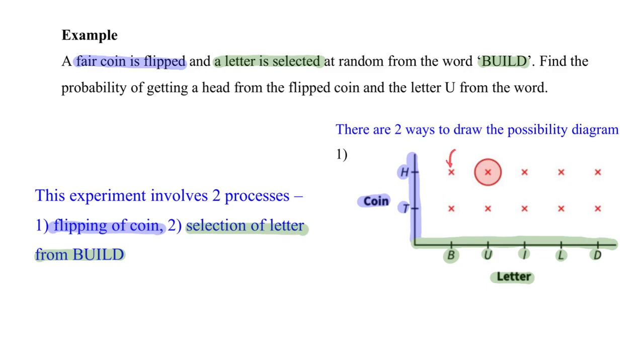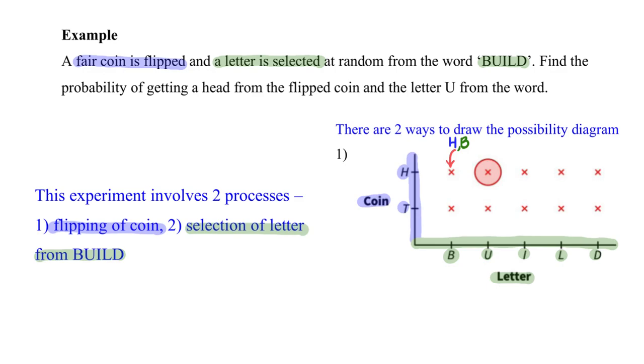This particular cross would mean that I have gotten my head, and I have selected the letter B. Okay, so that's what it means for each cross.